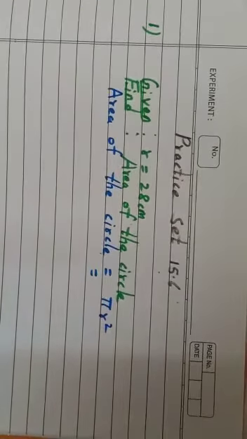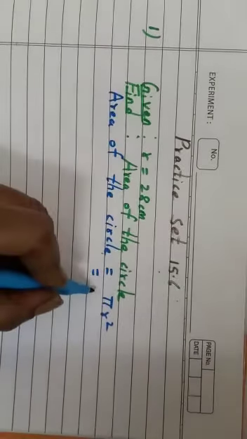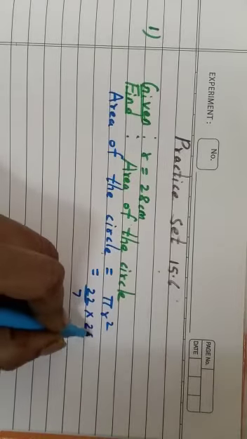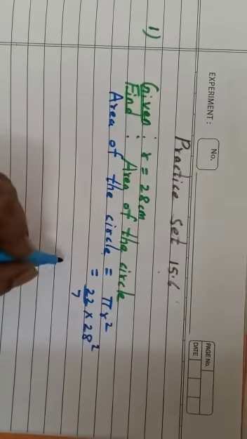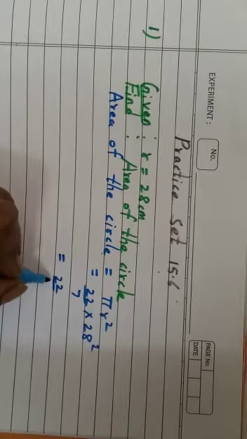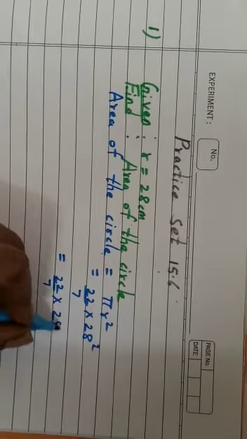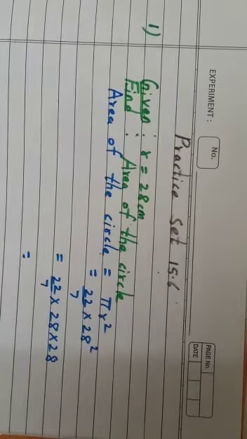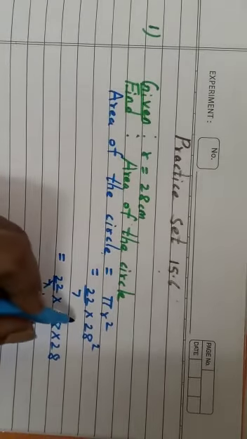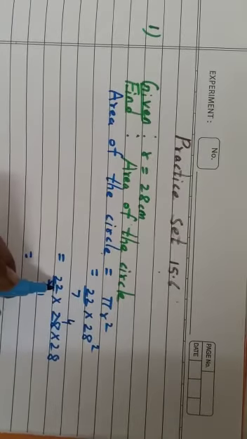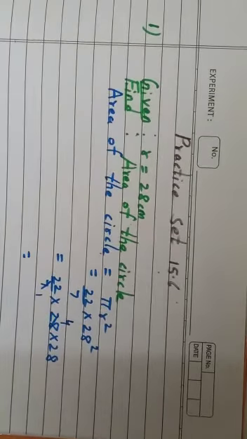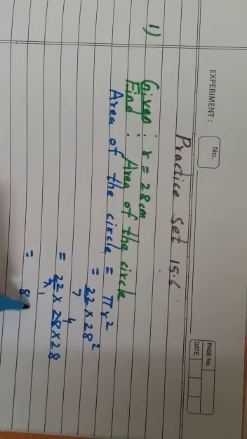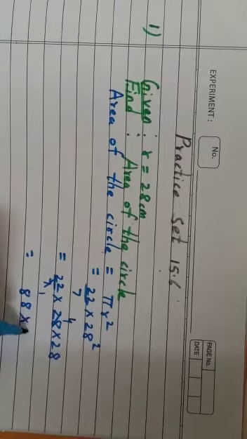What is the value of pi? 22 upon 7 into r, which is 28, square, which is equal to 22 upon 7 into 28 into 28. 7 fours are 28, so 22 into 4 will give you 88. 88 into 28.